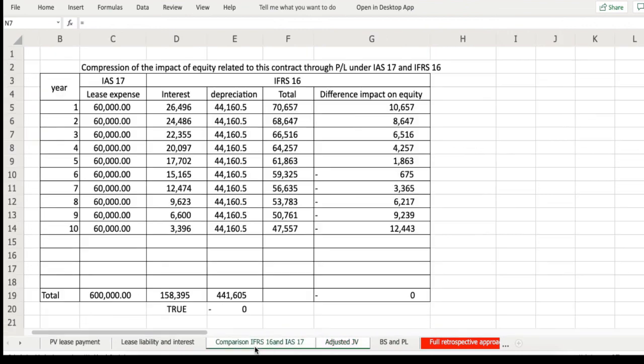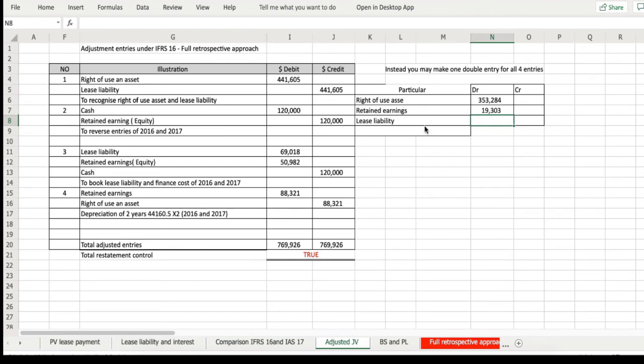We need to charge the difference that comes from applying IFRS 16 for these 2 years for comparability. We have a difference here, debit, and the lease liability would be the remaining lease liability. So the remaining lease liability would be this plus this.